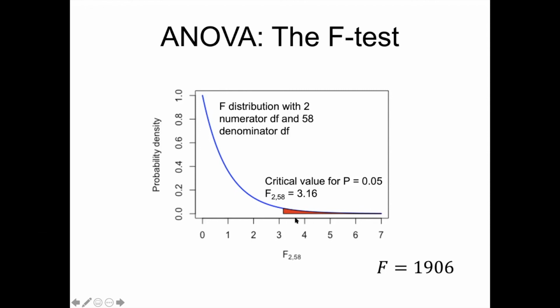And only very rarely are we going to get F statistics in the 4, 5, or 6 range. In fact, the critical value corresponding to a p-value of 0.05 for an F distribution with 2 numerator and 58 denominator degrees of freedom is equal to 3.16. And our F value is way beyond that, way off the charts over here. And so the p-value that we'll calculate for this F statistic is going to be very, very small.